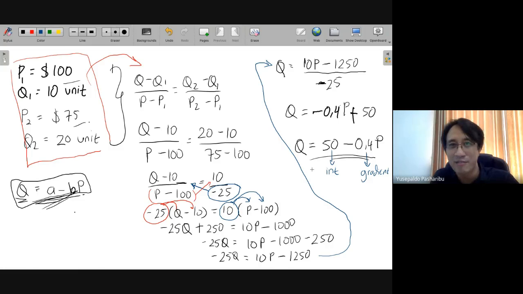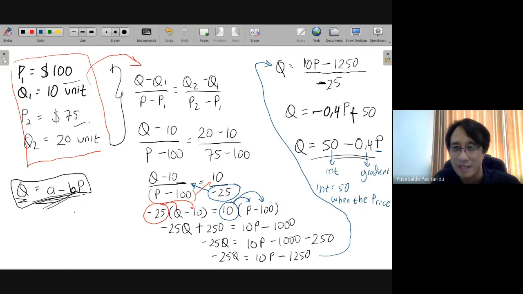I hope you remember how to interpret or define the intercept and gradient. So the intercept equals 50. It means when the P or price equals 0, the price is very cheap or free, or there is no price for that product.